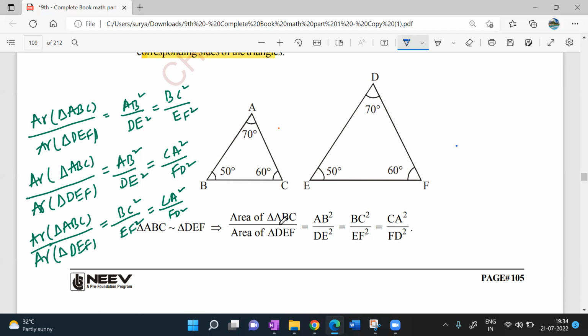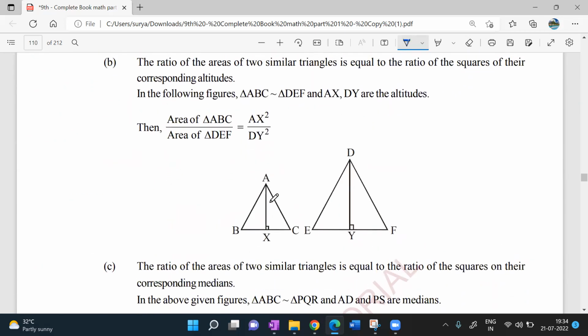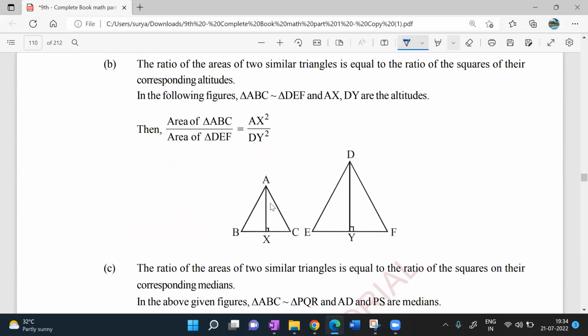Any doubts? Next, the ratio of the areas of two similar triangles is equal to the ratio of the squares of their corresponding altitudes.